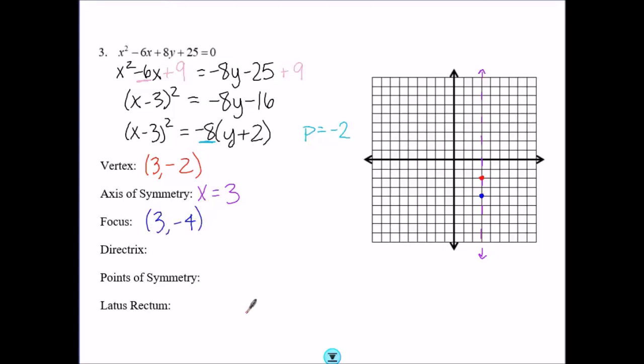We know that the directrix is also p units from the vertex, so our directrix is going to be 2 units above, which would be the line y equals 0. Our points of symmetry are 2p units from the focus, so we're going to go 4 to the left and right.